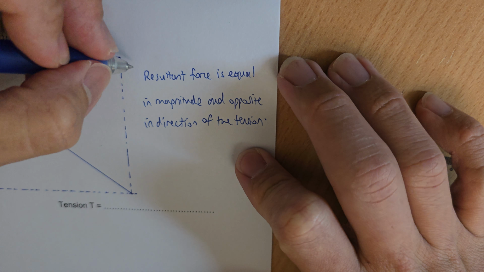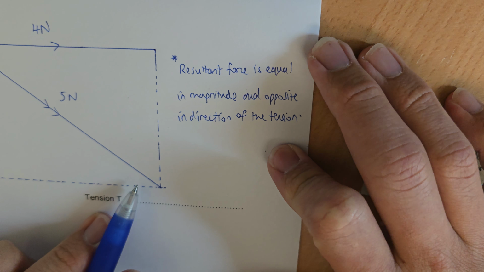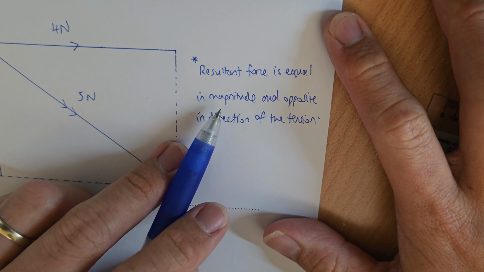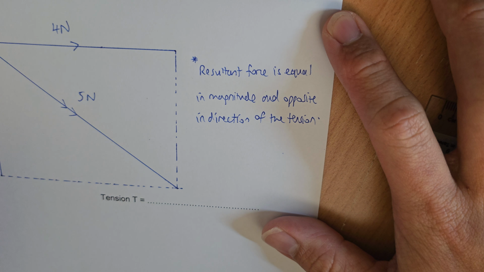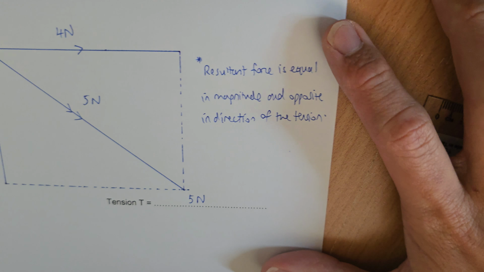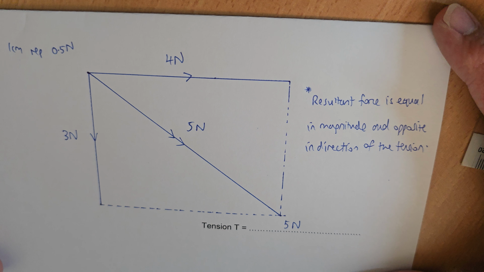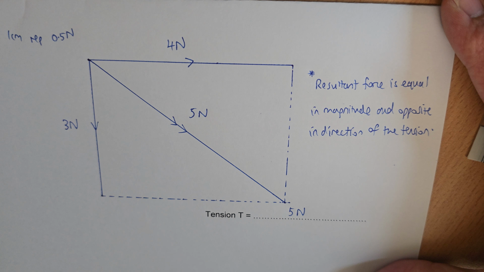This note is so that we know that this resultant force we are finding will end up being equal in magnitude and opposite in direction to the tension, and we can write our final solution here as 5 Newton. That's how we will use the parallelogram method to complete this particular question.